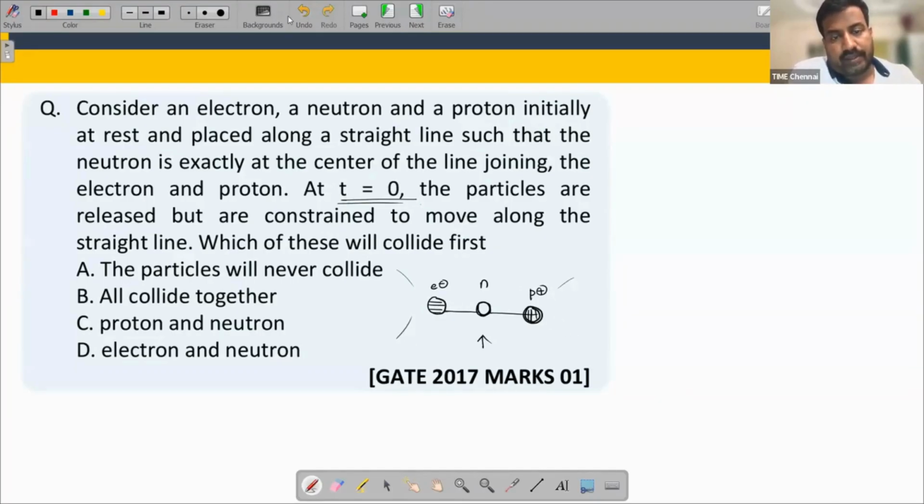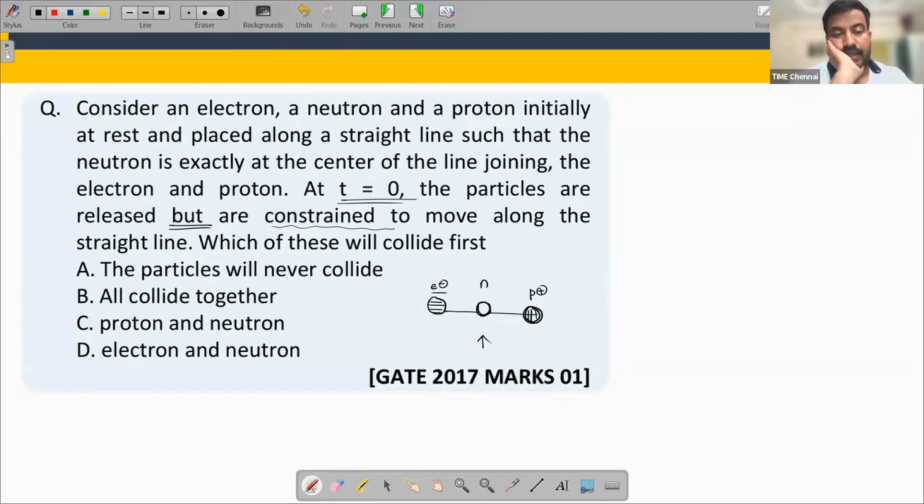But we took an assumption, that they are constrained to move along the straight line itself, which is not the general case. In this case, which of these will collide first?